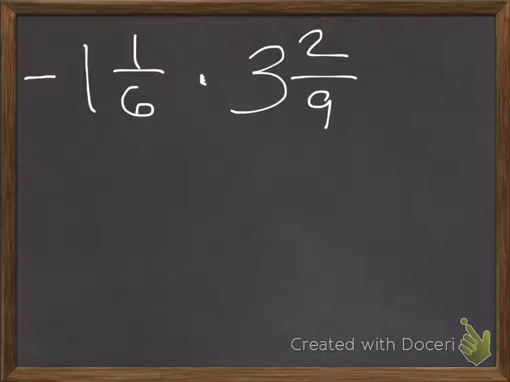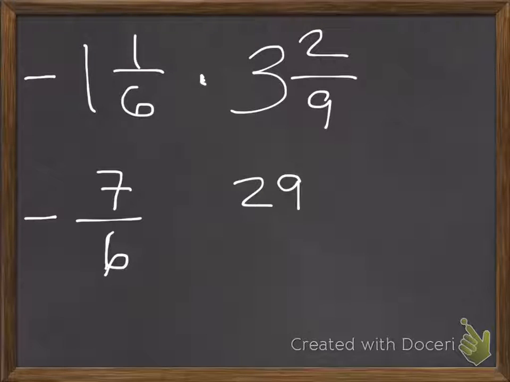Here we both have them in mixed number form, so we need to make them improper before we start. So 1 times 6 is 6, plus 1 is 7. Notice I do not apply the negative when I'm doing that process. I only put it at the end here, so it's -7/6. Then I do 3 times 9 is 27 plus 2, which is 29/9.